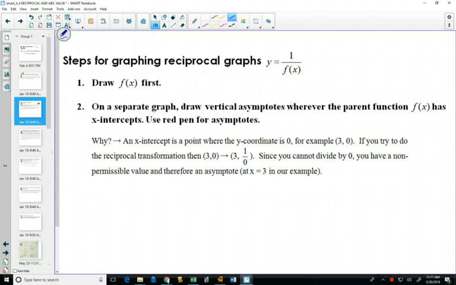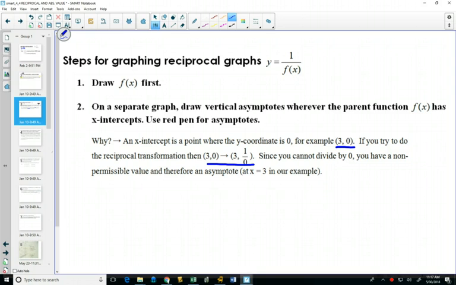Why? Because if we have an x-intercept, for example here, let's say on your original graph you have the point 3, 0, and if the only rule is that your y value becomes 1 over y, well then that 3, 0 is going to change to 3, 1 over 0.